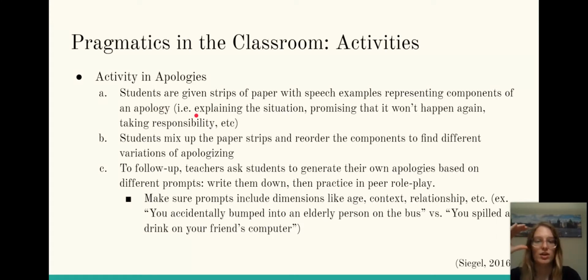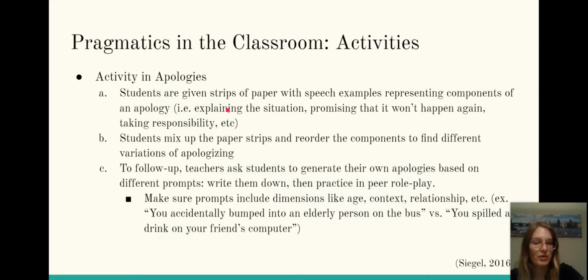I was playing soccer in the living room. Another strip would promise that it won't happen again. I'm so sorry, this won't happen again. I'll make it up to you. And then another one might be taking responsibility. A strip that says, I'm so sorry, it was my fault. I shouldn't have been playing soccer.